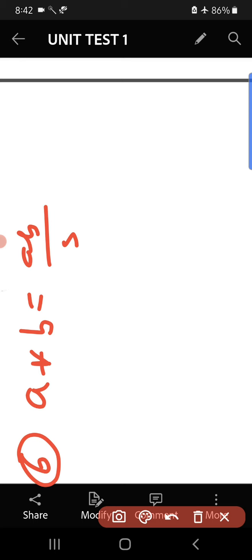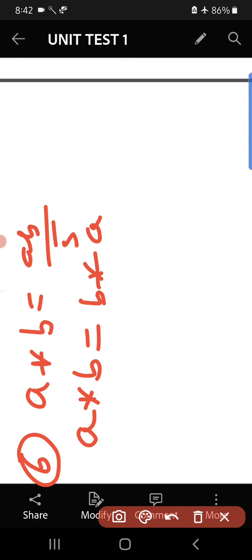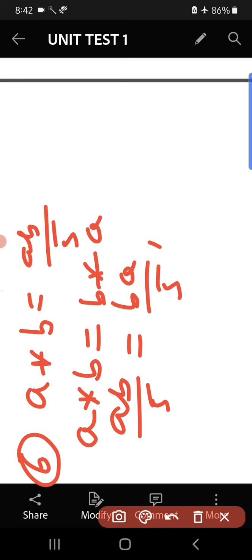The sixth question in part B. See, a star b is equal to ab by 5. Verify whether star is commutative or not. So the commutative property says a star b is equal to b star a. So a star b means ab by 5, b star a means ba by 5.